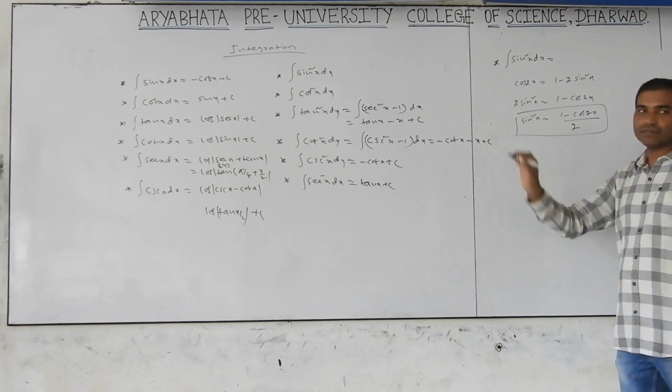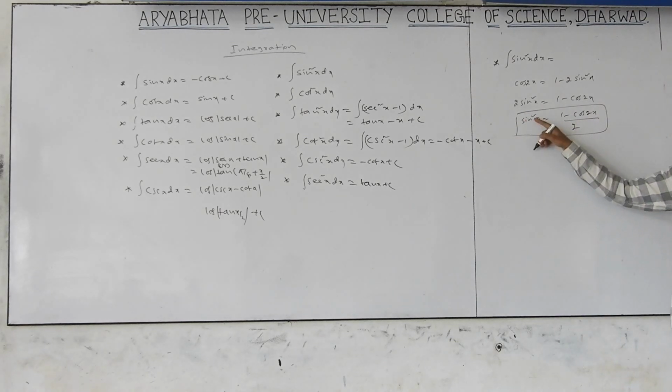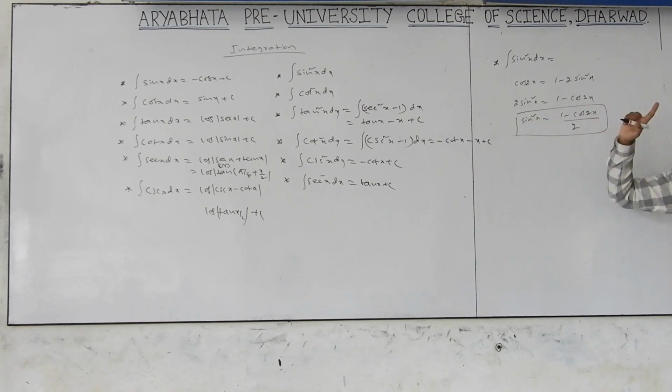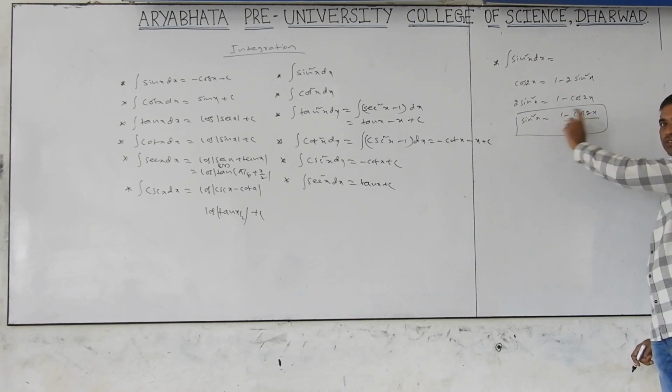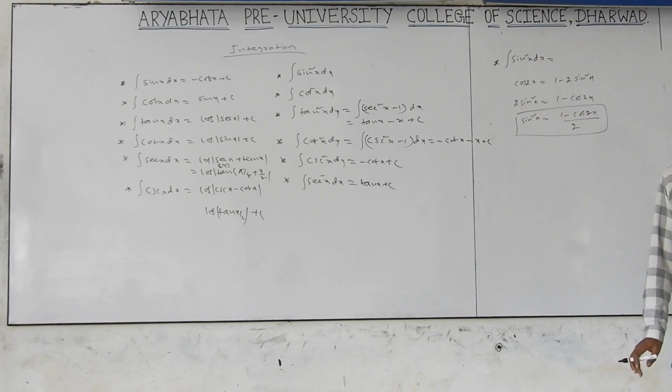Here the degree is 2, there it is 1. We reduce the power because then we get cos in the form of a standard formula. We know this integration, but we don't know the other, so we reduce the power to known formulas.